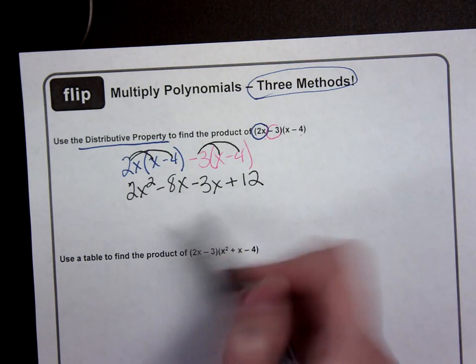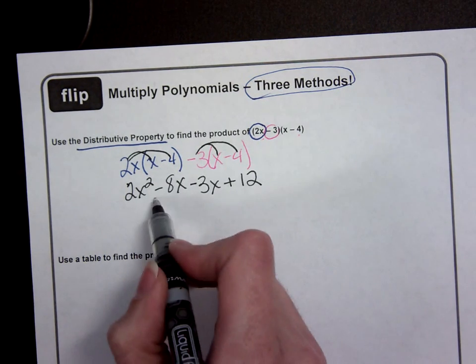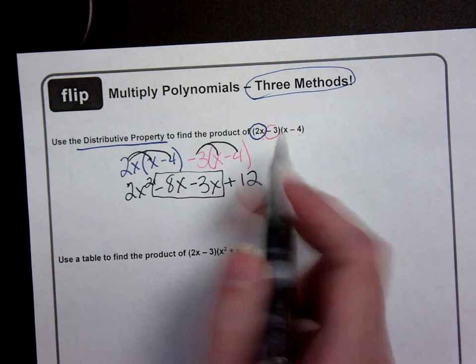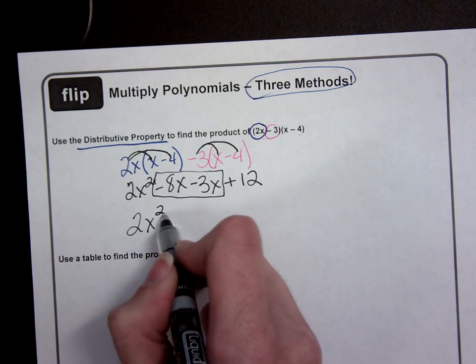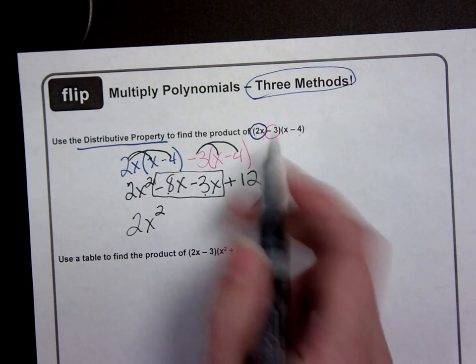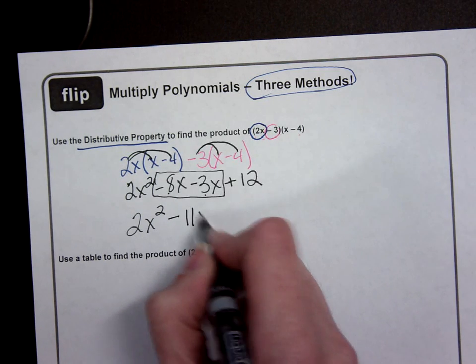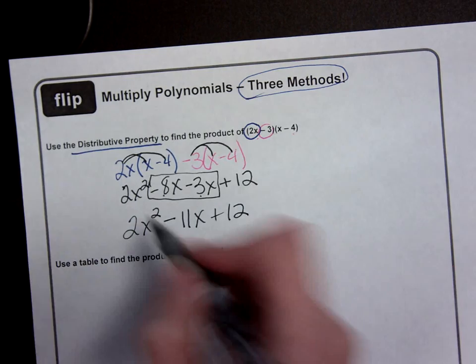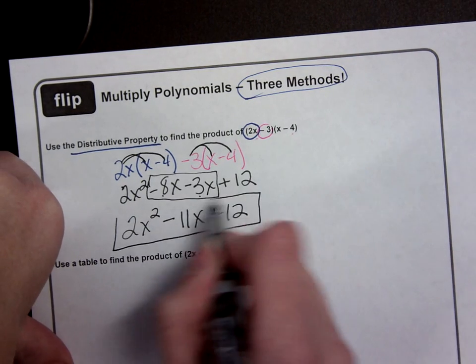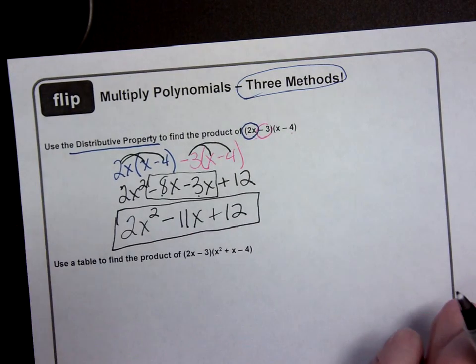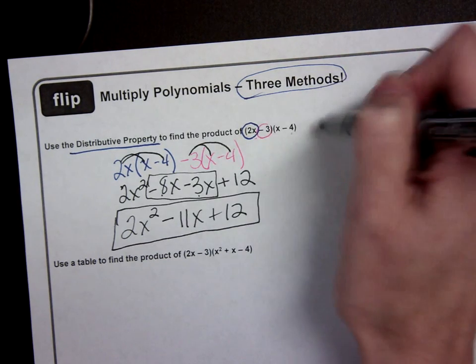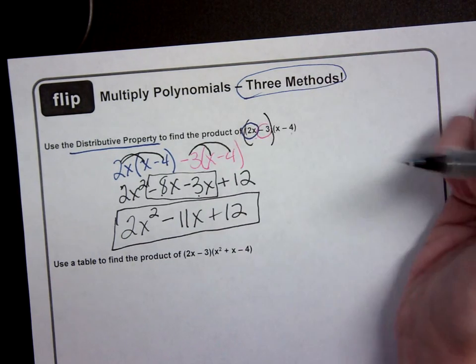And then I'm just going to combine the like terms, which are right here in the middle together. Negative 8 minus 3 is negative 11x, so 2x squared minus 11x plus 12. There aren't any other like terms. There's no more simplifying we can do. That's it. Okay, easy enough. We just distributed twice because there were 2 things in this front set of parentheses.